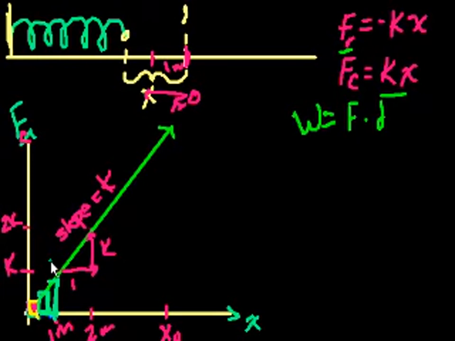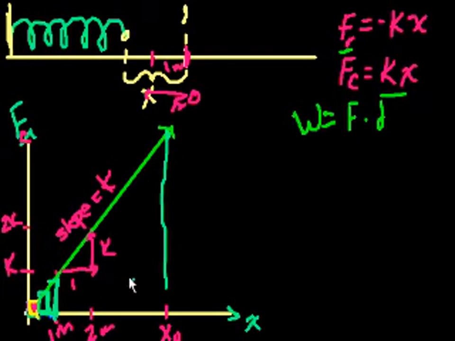And actually, I'm touching on integral calculus right now. But if you don't know integral calculus, don't worry about it. But the bottom line is the work we're doing is just going to be the area under this line. So the work I'm doing to displace the spring x meters is the area from here to here.